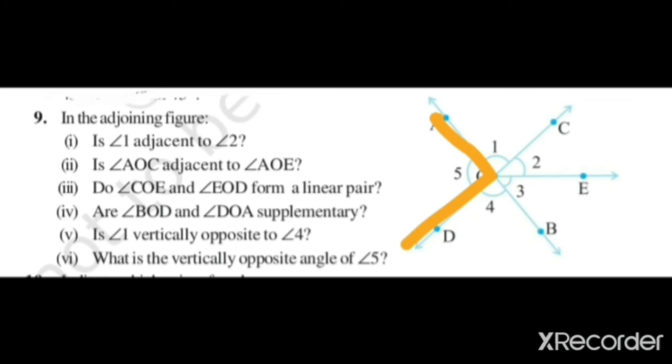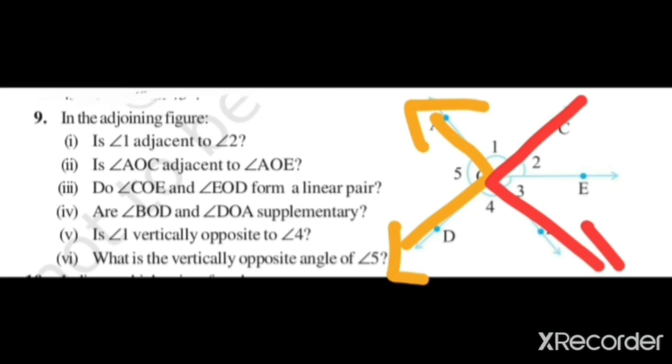Look, here we have angle 5. So what will be the vertically opposite angle of angle 5? Angle COB. That means angle 2 plus 3 will be the vertically opposite angle of angle 5.